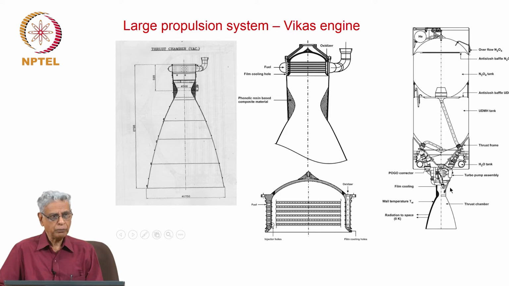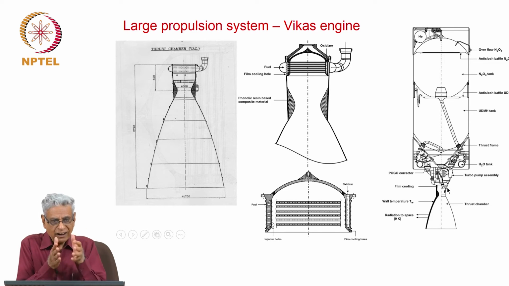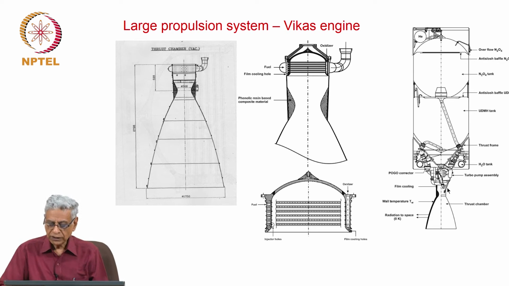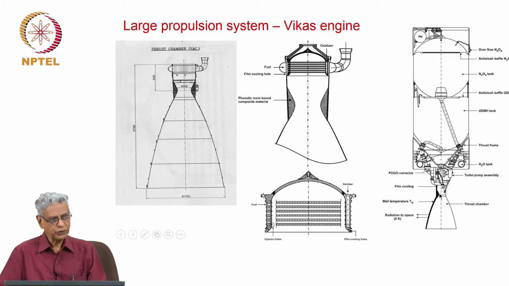Its contribution to performance is not very significant, and the reason is the following. Inside the combustion chamber, the fuel and oxidizer are delivered, and they move along after impingement, in this case, along the axis. There is an oxidizer to fuel distribution across. Now, near the wall is always fuel rich. So, when you look at the streams coming out of the nozzle, this portion comes out with a low temperature exhaust, and hot exhaust comes from the other regions.